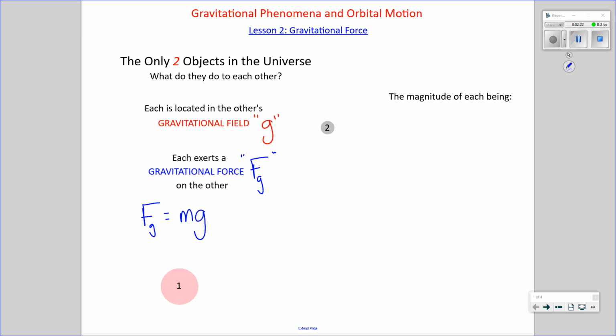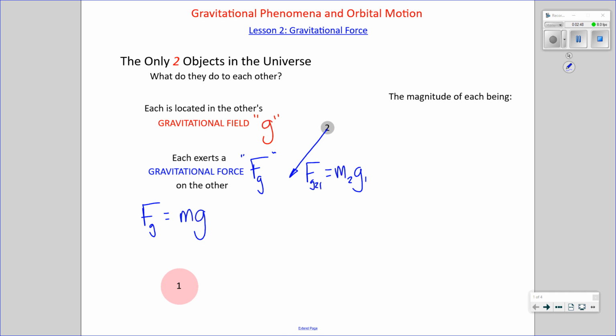Okay, so these two objects, well, if we want to know how much gravitational force is exerted on object 2, what I would say was there's a force that looks like this. Here's Fg on 2 by 1, and that's equal to M2 and g1. So how much force is exerted on 2?